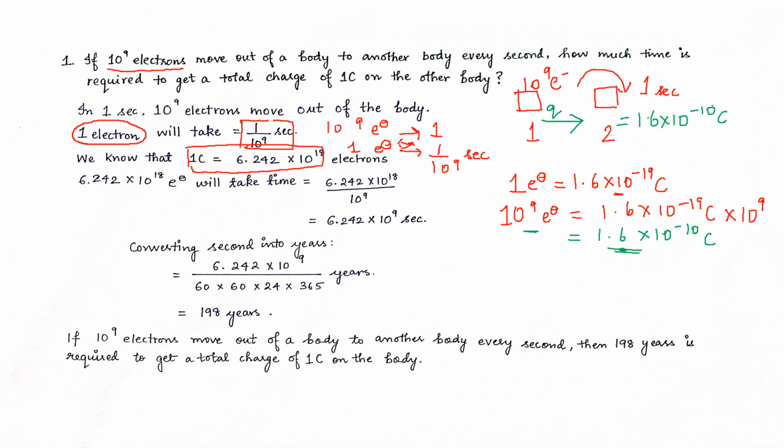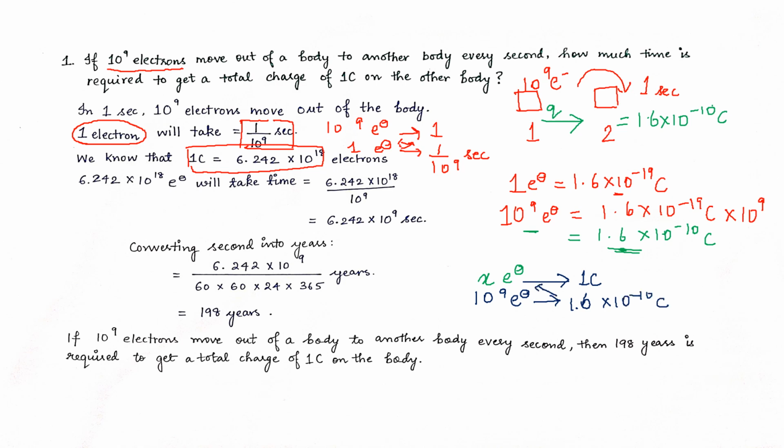Now for 1 coulomb, x electrons are moving from body number 1 to body number 2. So in these x electrons, what should be the amount of charge? It should be 1 coulomb. And for 10 to the power 9 electrons, the charge we get is 1.6 into 10 to the power minus 10 coulomb.